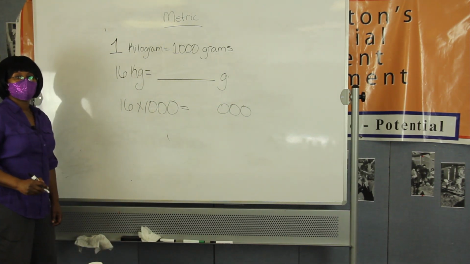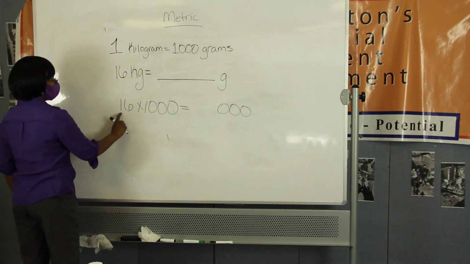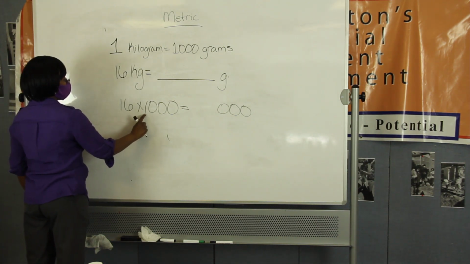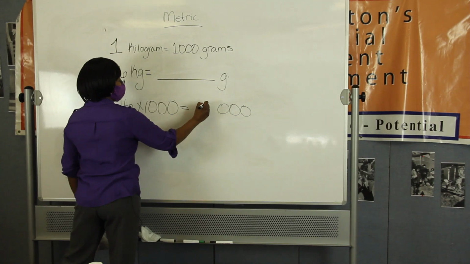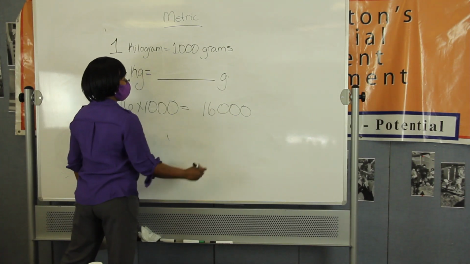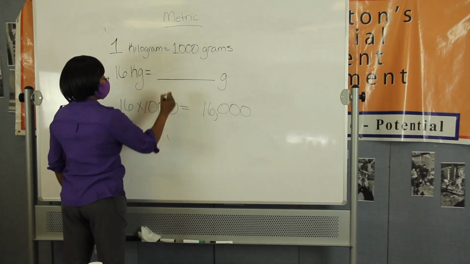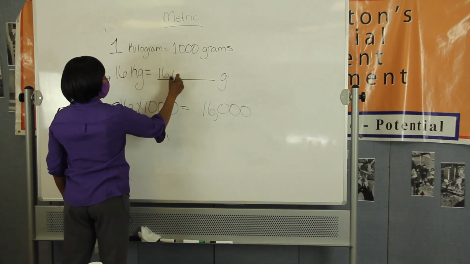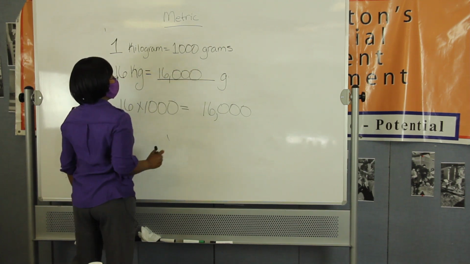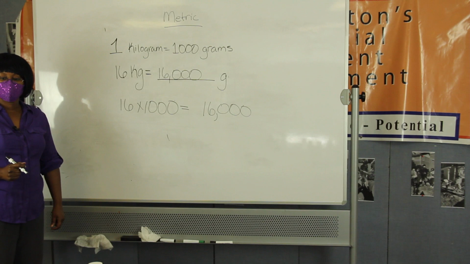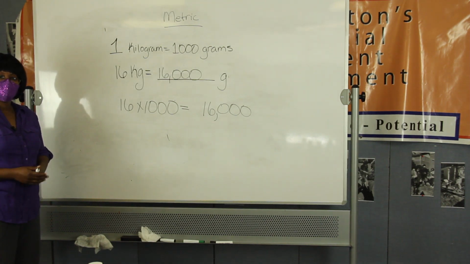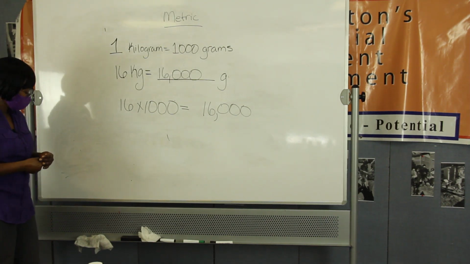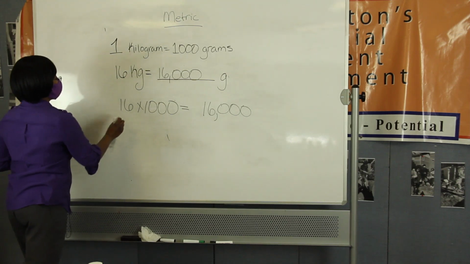Now, the non-zero numbers we're going to multiply. 16 times 1 is 16. So you will have 16,000 grams. That is how you calculate kilograms to grams.